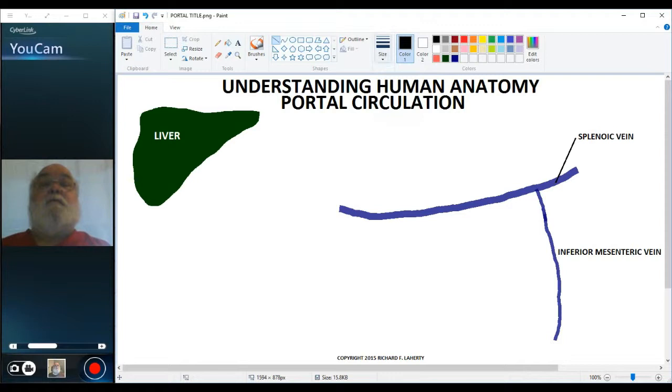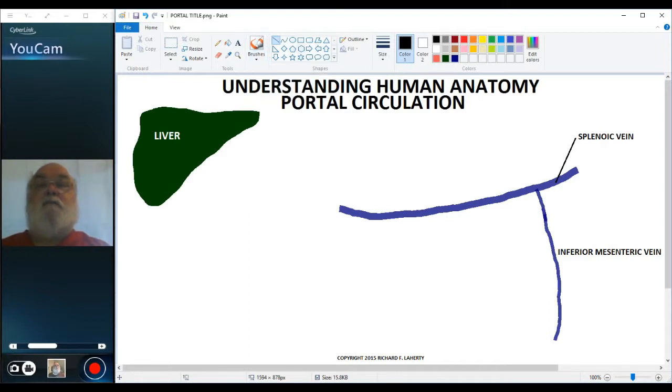Now, the splenic vein receives the veins draining the structures that the splenic artery supplied, but also receives some others.